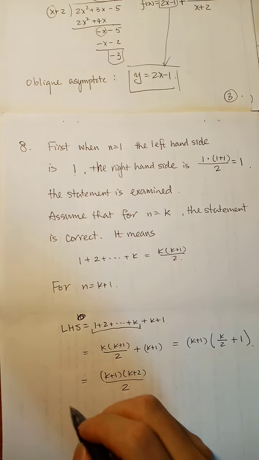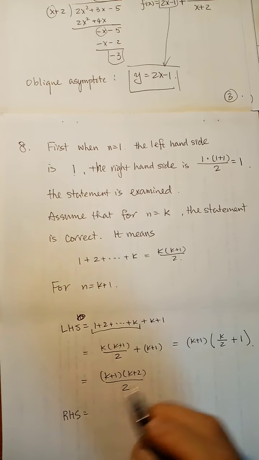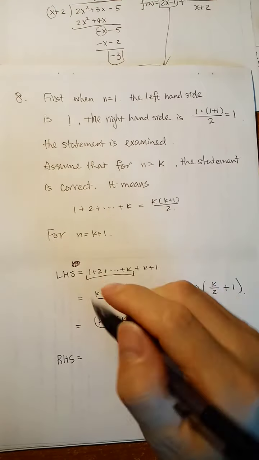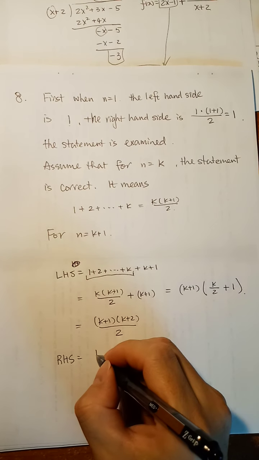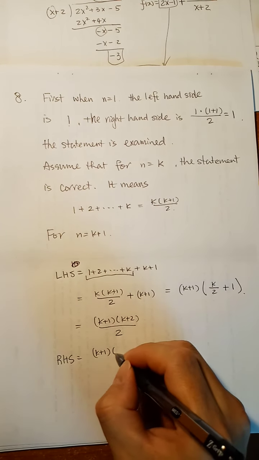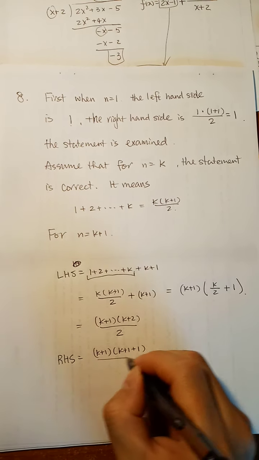So this is the left-hand side. It's a sum. And the right-hand side, when n is k plus 1, check that formula. It's n times n plus 1 over 2.